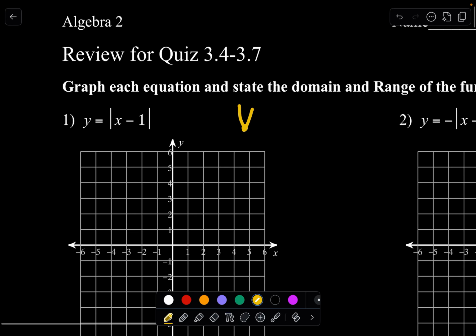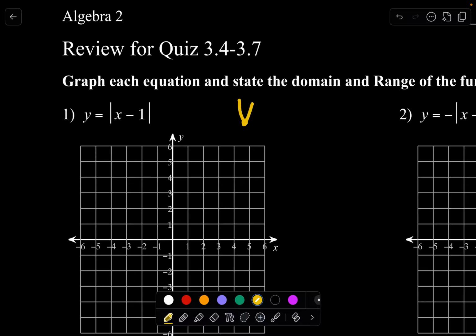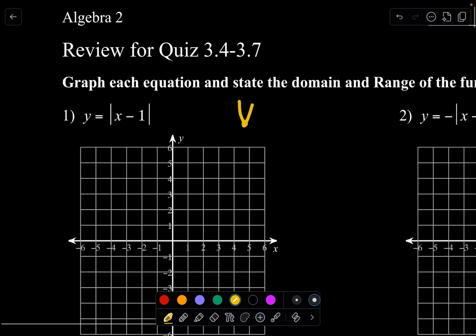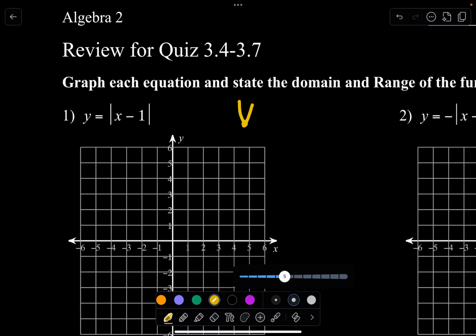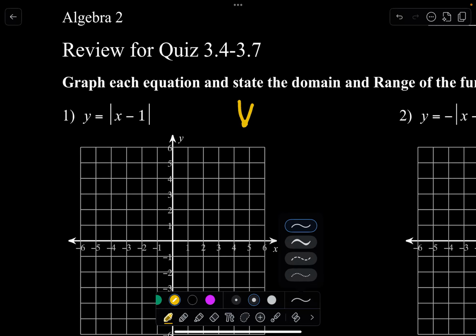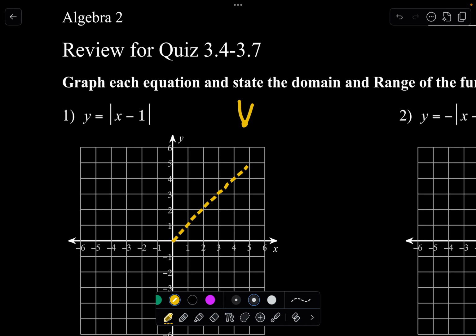So the parent function is a V that's centered on the origin. That's the parent function. And notice the slope of the parent function is 1.